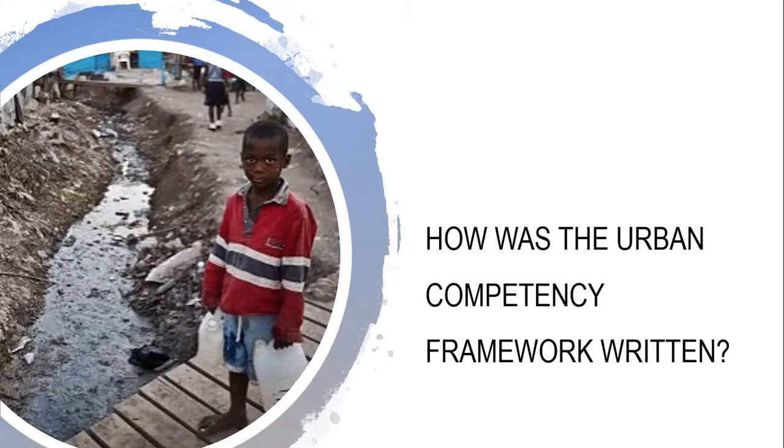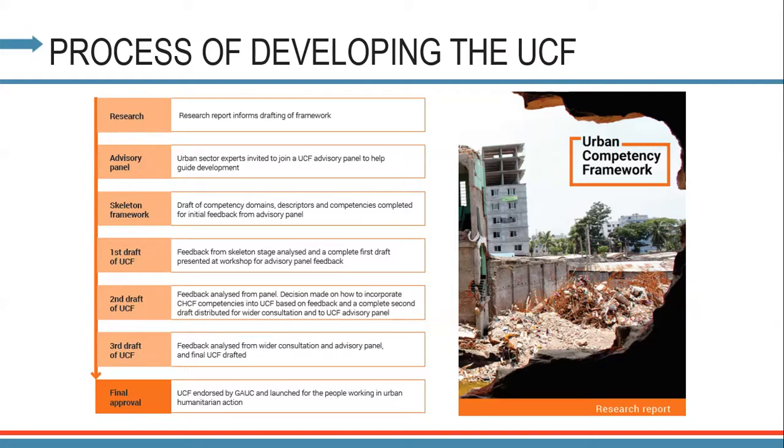In the final part of this presentation, we're going to look at how the Urban Competency Framework was written. There were 7 stages in the development of the framework. The first stage was the writing of a research report which analysed what makes urban contexts unique and which identified an initial list of knowledge, skills, attitudes and competencies that were considered to be important in urban crises.